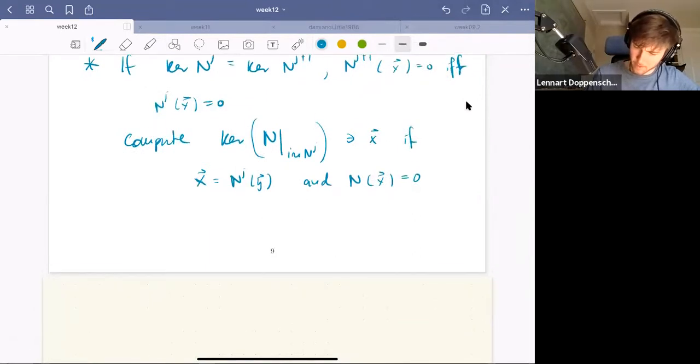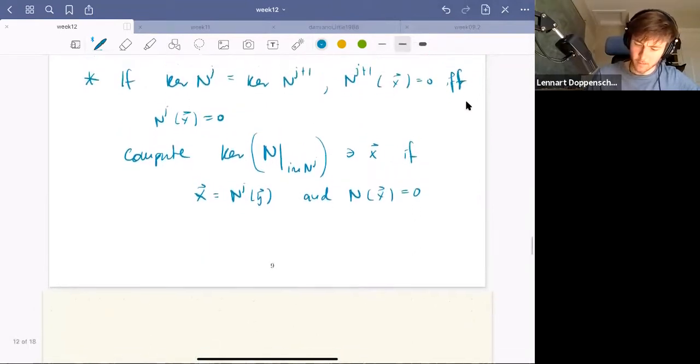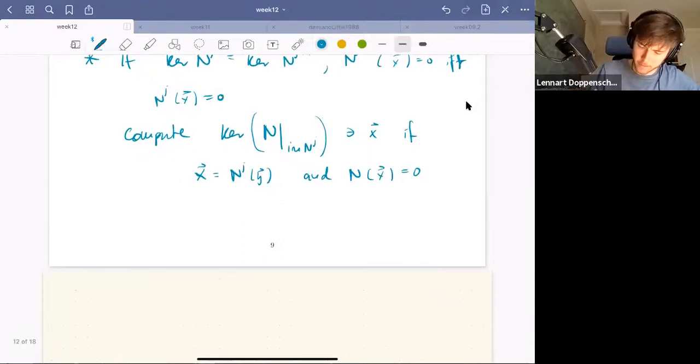So now compute n of x. This is n of n to the j of y, which is equal to n to the j plus 1 of y.